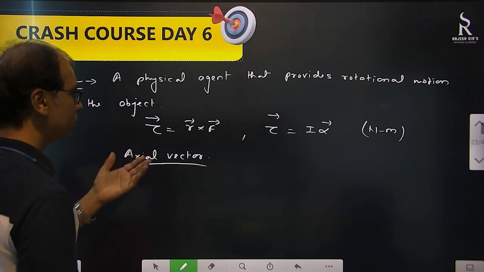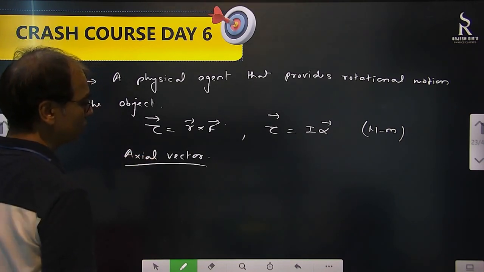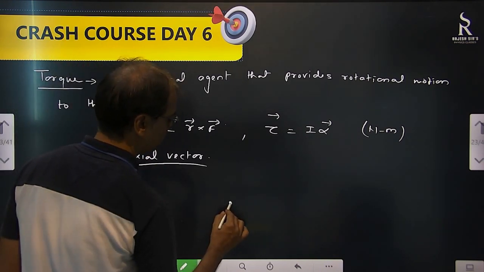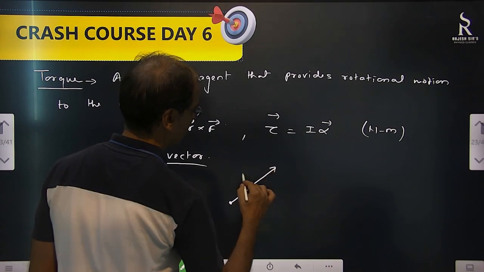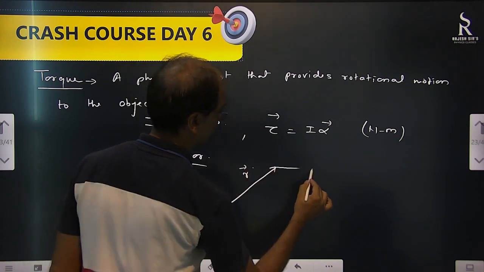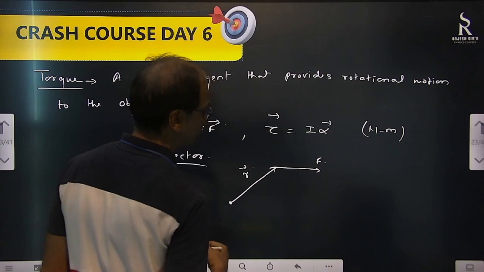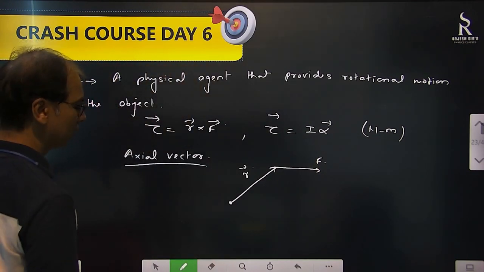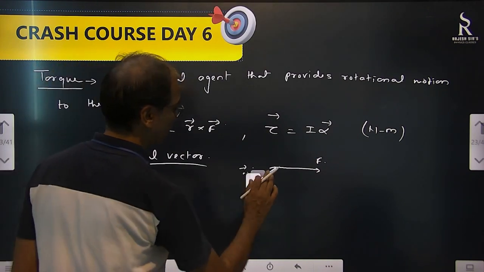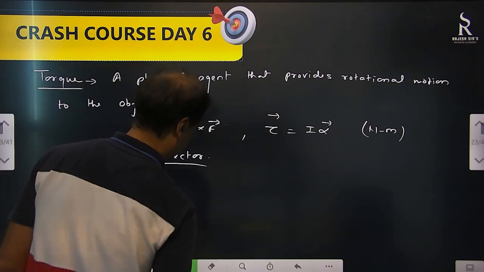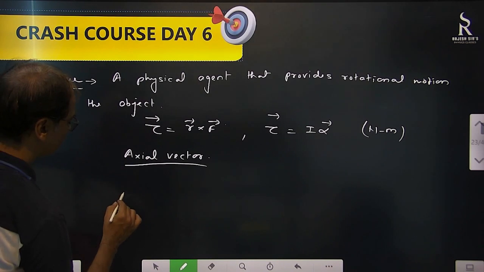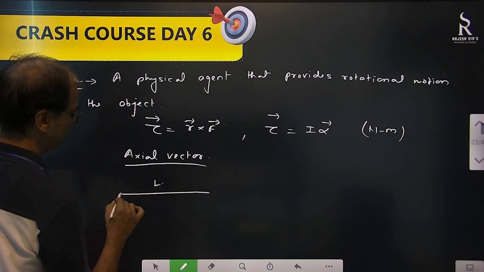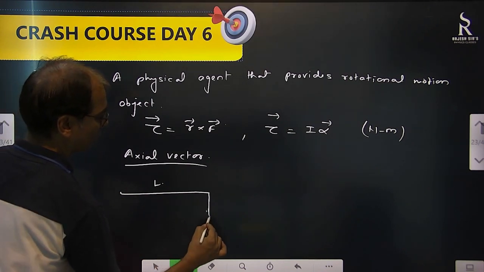Now, what is this R cross F? Suppose this is the axis of rotation, and at this point, this is R, you are applying F force. Then we are creating torque. Or otherwise, we have a rod, and we are applying F force like this.